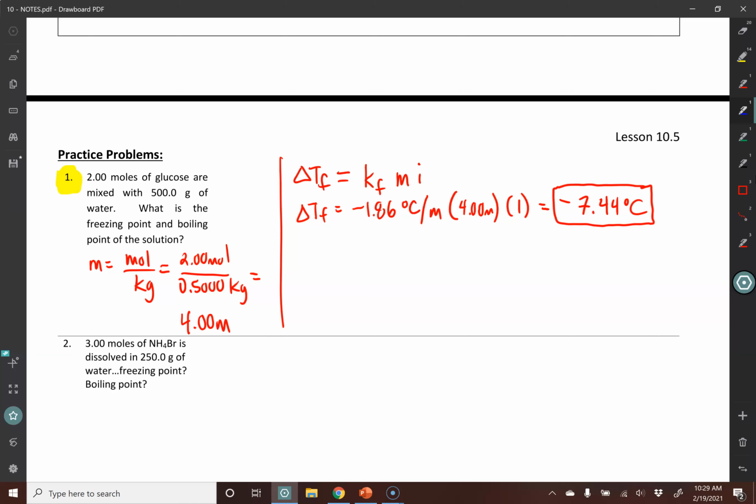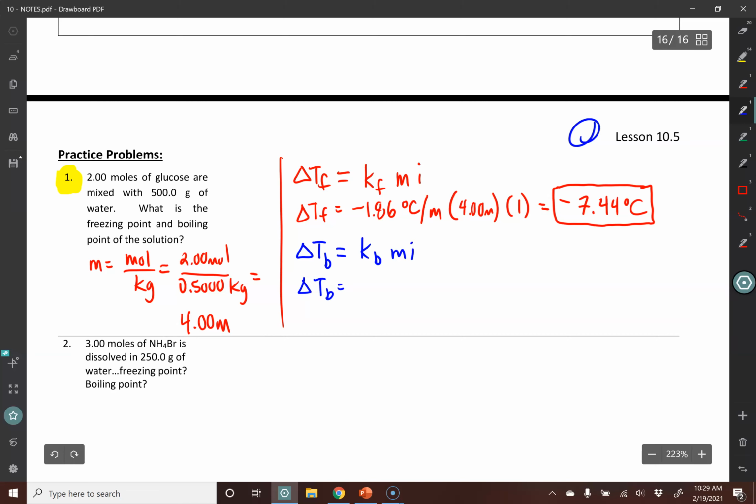Let's go ahead and try to apply the boiling point formula. Now I should have reversed the colors. Blue looks cold. So I've got the change in the boiling point temperature is equal to the boiling point constant times the molality times i. There we go.